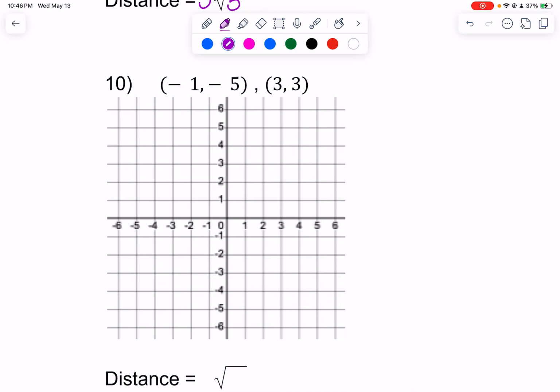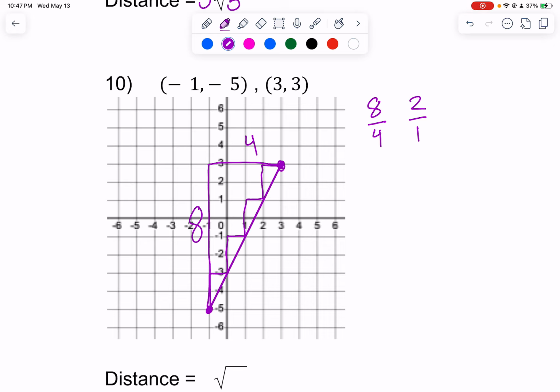We have -1, -5, 3, 3, and that looks like vertical goes 8, and horizontal goes 4 for the lengths, which I have a feeling is going to break down to something simpler. So we can do 2 vertical and 1 horizontal, and we should arrive at the same length.